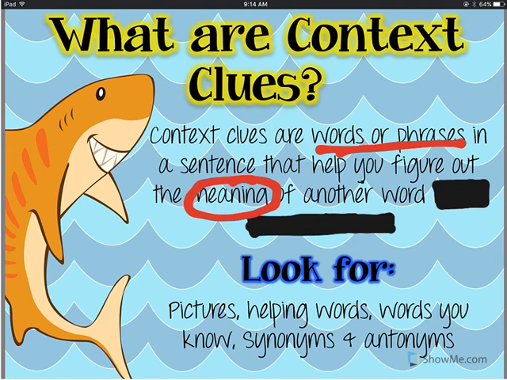If you look at the bottom, things that might help you understand what words mean could be pictures, helping words, words you know, or synonyms, which are words that mean the same, and antonyms, or opposites.